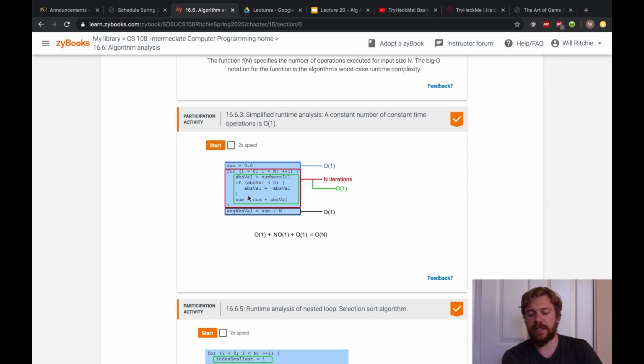Well, basically what they do is they lump together all of these constant operations here into one big O of 1. And then same with these operations to the top and bottom of the for loop. And so what happens is you have big O of 1 for the top one, big O of 1, or constant time for the bottom one, and the for loop is n times big O of 1, which results in big O of n.